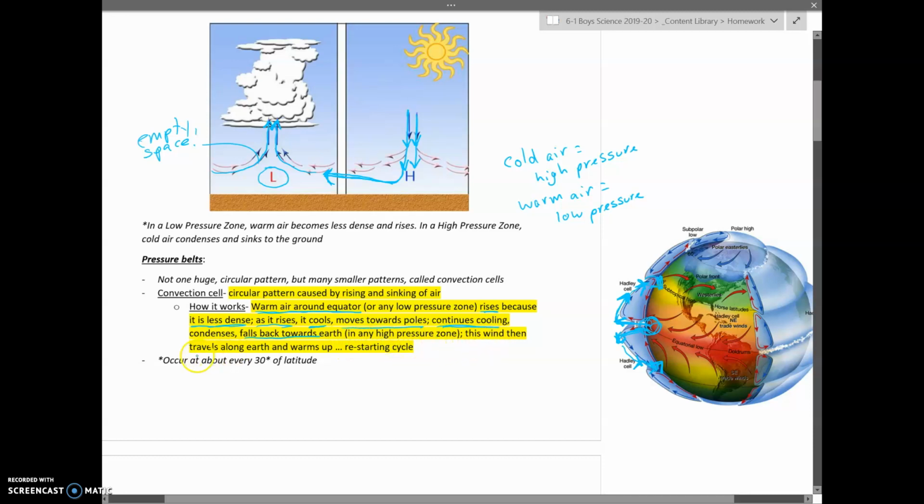This wind then travels along the Earth and warms up as it reapproaches the equator, restarting the cycle. So now we have air that's further away from the equator moving back towards the equator, because this cycle is happening continuously on and on and on.